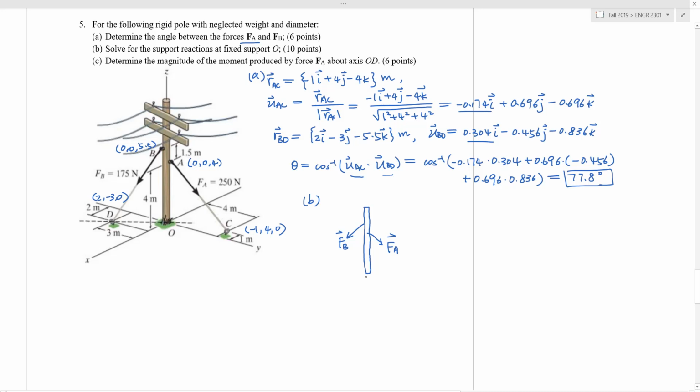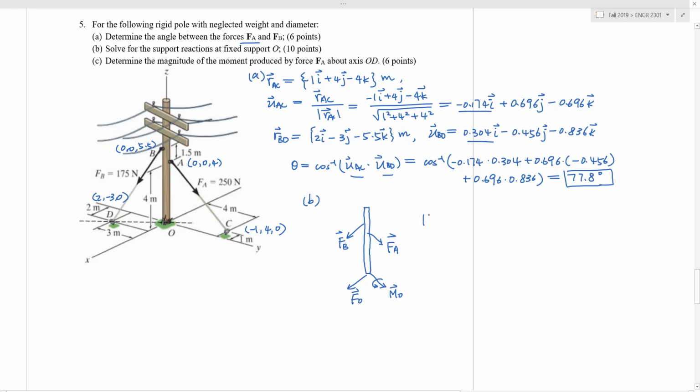Therefore, it exerts two vector unknowns, a force, I'm just going to call it FO, and a moment unknown, MO. I'm going to draw a little hoop here to represent that this is a couple moment. So FA and FB can be determined.